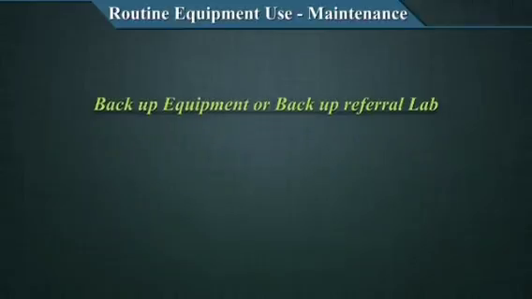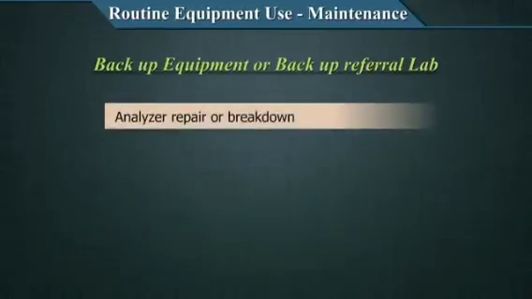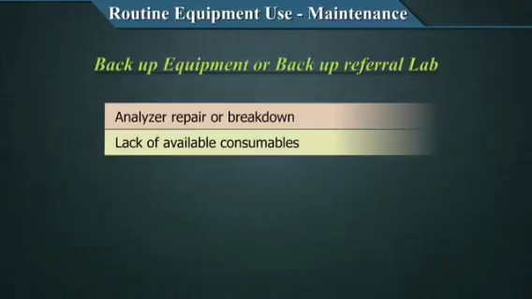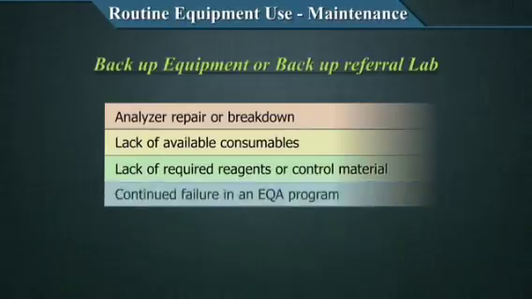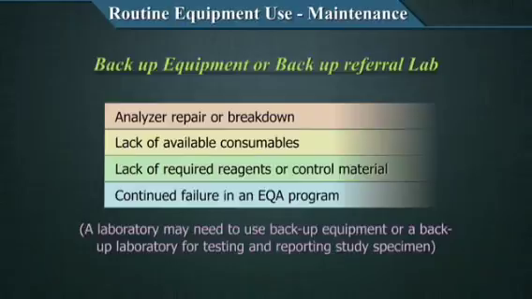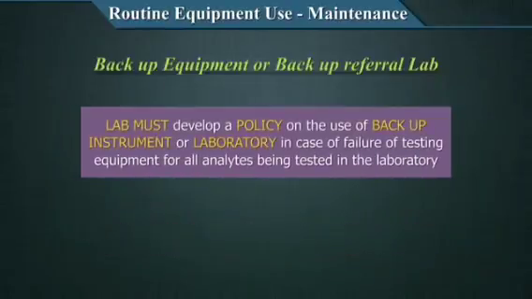In certain circumstances, for example an analyzer repair or breakdown, lack of available consumables, lack of required reagents, control materials, continued failure in EQAS, etc., a laboratory may need to use backup equipment or backup laboratory for testing and reporting. The lab must develop a policy for use of backup instruments or laboratories in case of failure of testing equipment for all analytes being tested in the laboratory.